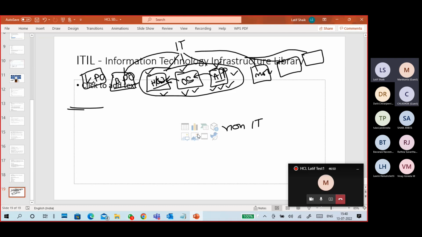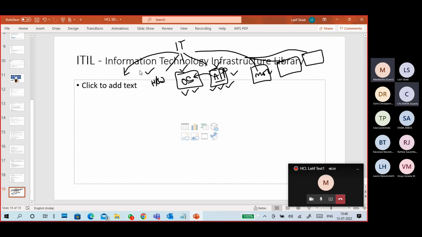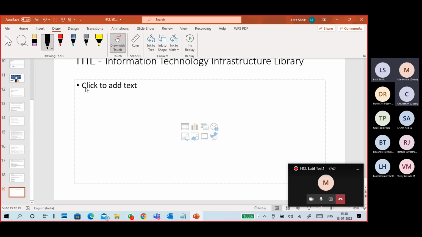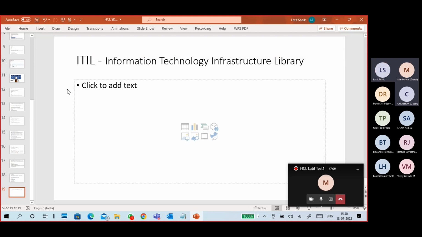Got the point, guys? So in the earlier days, the starting days of the IT industry, they started IT, for example, Microsoft or Intel or Apple computers.